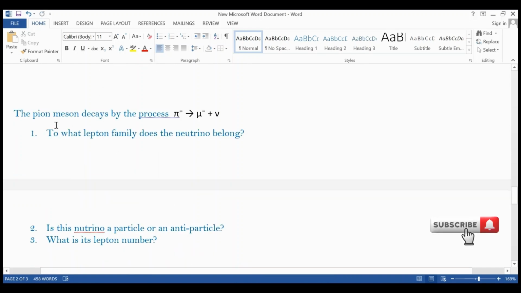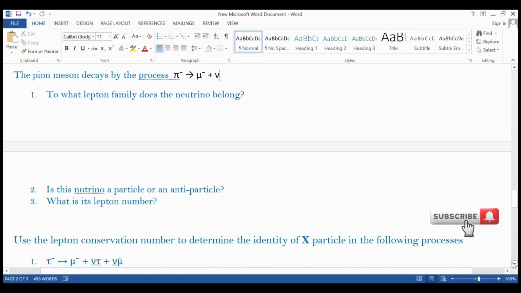We have another type of problem. The pion meson decays by the process. Now we have to find to what lepton family the neutrino belongs. Is this neutrino a particle or an antiparticle? And what is its lepton number? Basically, electric charge is obviously conserved there.